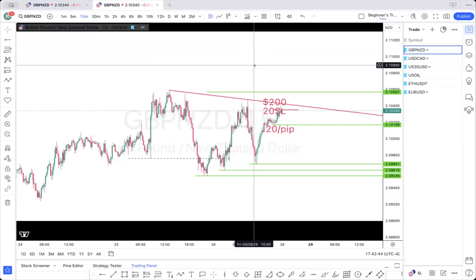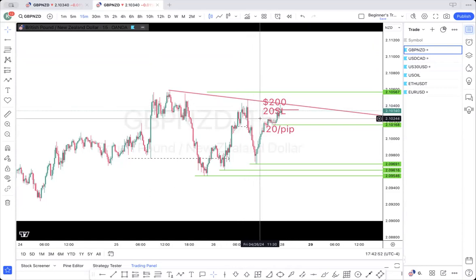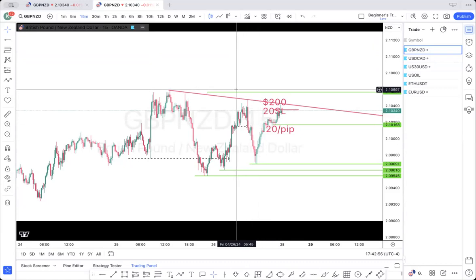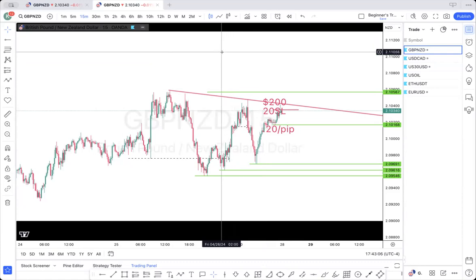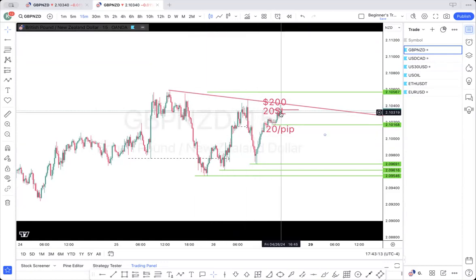You've got to wait till price pulls back and gets you out of whatever your prop firm rules are before you start cutting the hedge. But if you did not over leverage, then I would say you can, but you definitely have to watch to make sure. You've got to calculate. Yeah. Make sure you're not breaching your account.